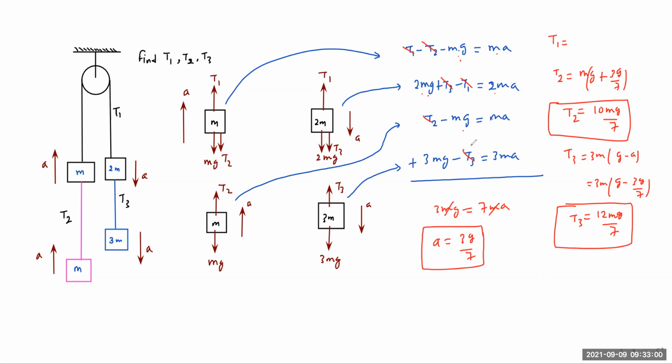You can choose any of the equations, the top equation. So T1 minus T2, which is 10mg by 7 minus mg, equals m into a. A itself is 3g by 7. This turns out to be how much? This is 17mg by 7 plus 3, 17 plus 3, 20mg by 7.